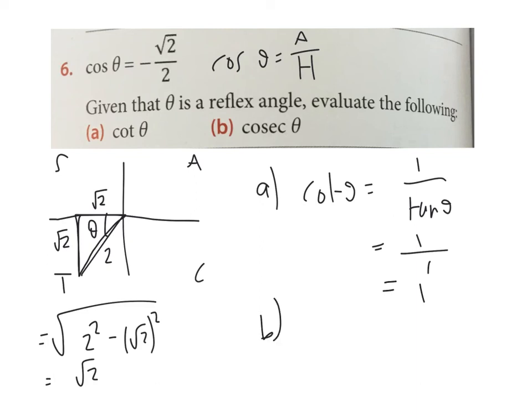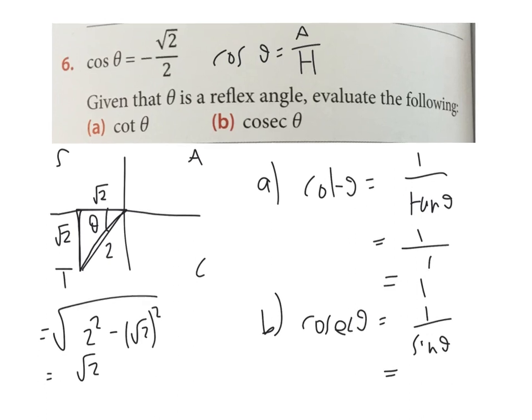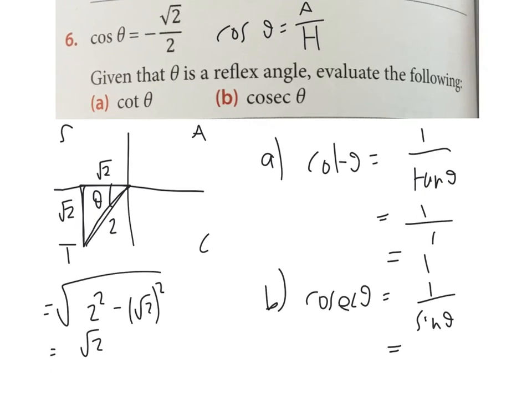Part B, we need cosec theta. That's 1 over sine theta. Sine in this one is the opposite root 2 over the hypotenuse 2, but also sine is negative in this quadrant. So we get 1 over negative root 2 over 2.